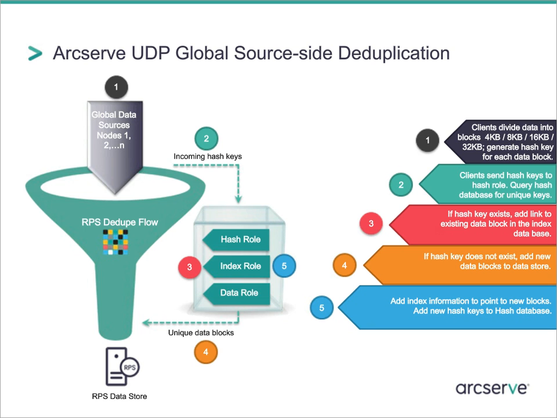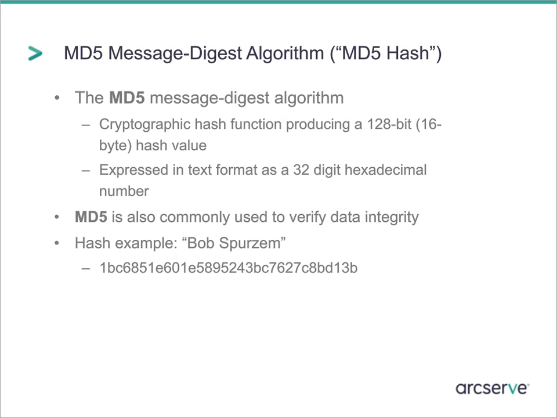I'm going to talk a little bit more about what we call the MD5 message digest algorithm, which sounds a bit cryptic in itself. But the reality is that there are proven dedupe methodologies on the marketplace, and companies like Data Domain and others have clever technology which is commonly available.